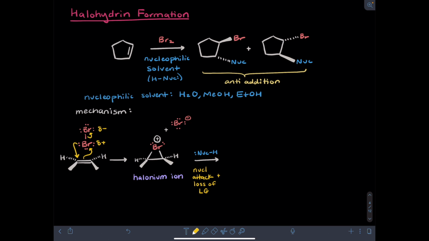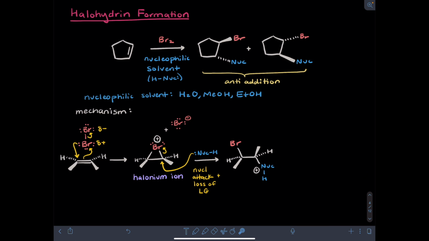So instead of bringing in the bromide anion, I will bring in the nucleophilic solvent. I'll take the lone pair from the nucleophilic solvent and bring it to one of the electrophilic carbons of the halonium ion, and I will break that carbon's bond to the halogen and bring the electrons to the halogen. This is my nucleophilic attack and loss of leaving group step.